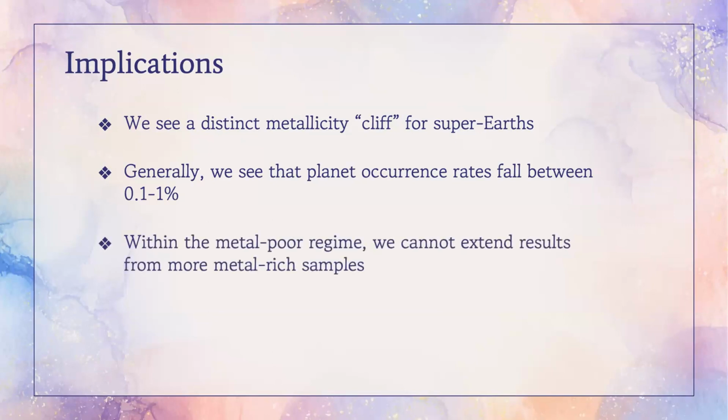And then the other implication is that we cannot extrapolate or assume that what we are detecting within metal-rich regimes is the same for these metal-poor regimes when planet formation is expected to get pretty difficult.